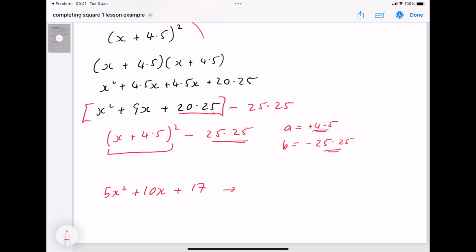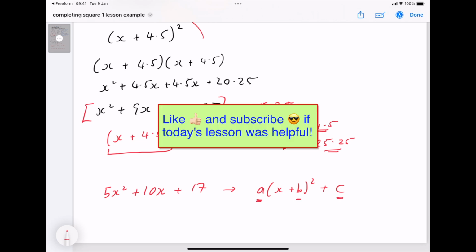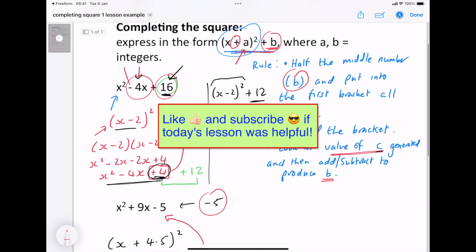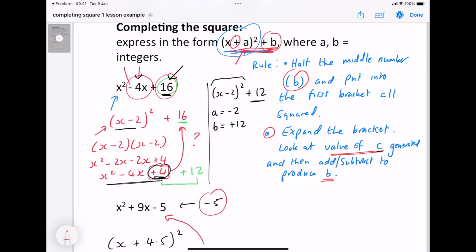So that becomes something where you have a, you have a term inside b, and like before, something on the outside c. So there's actually 3 numbers to determine a, b, c, making it slightly more difficult than this one where there's just 2.